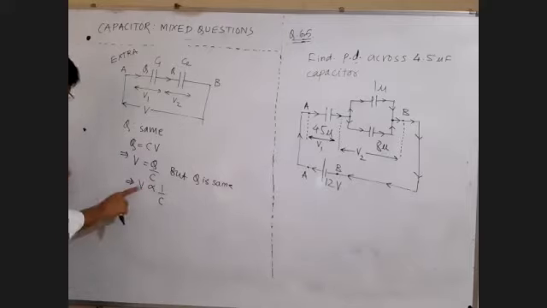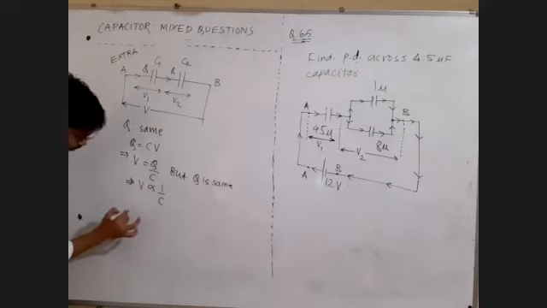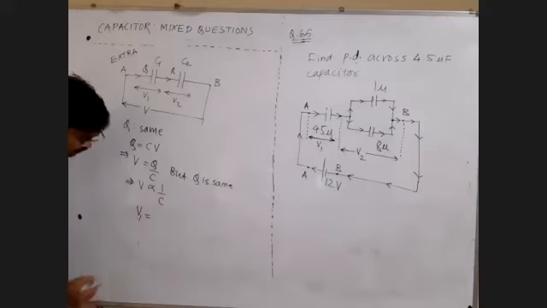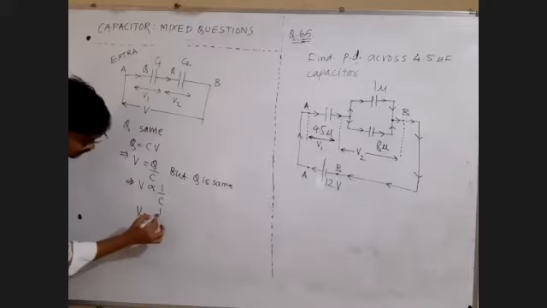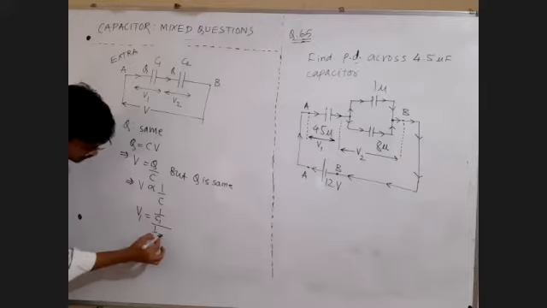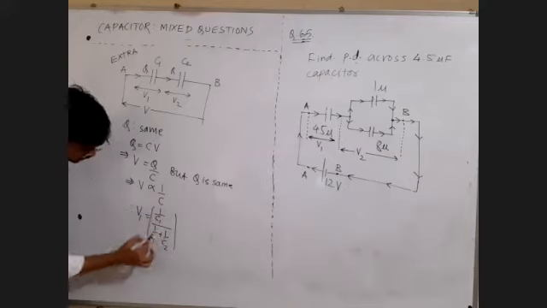Therefore the potential difference across the first capacitor is the fraction (1 upon C1) divided by (1 upon C1 plus 1 upon C2) of the total potential difference.